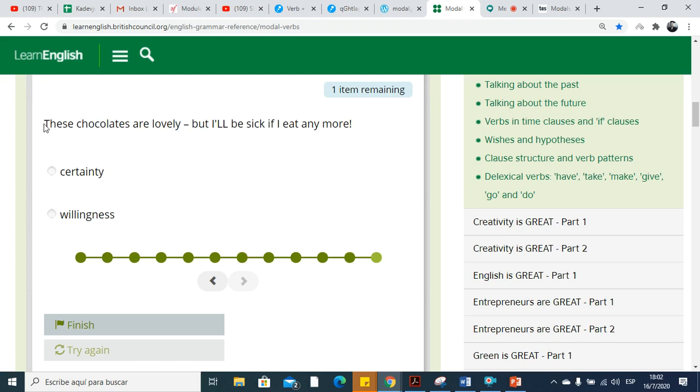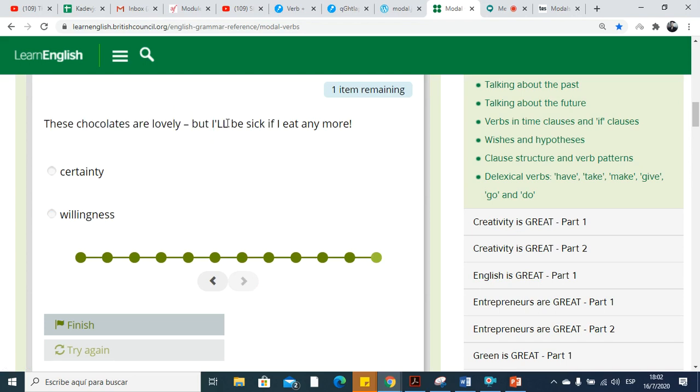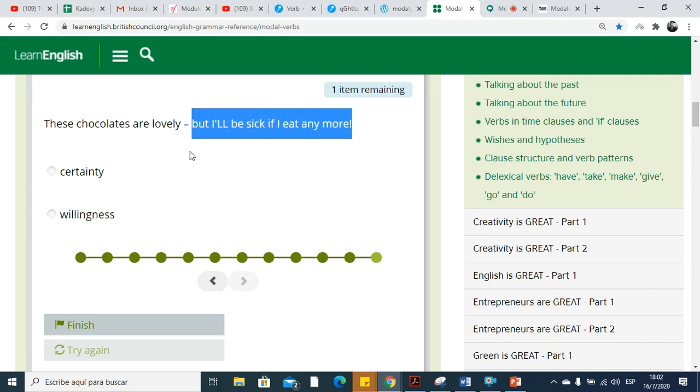And then the last one says, these chocolates are lovely, but I will be sick if I eat any more. Certainty or willingness, guys? Certainty.